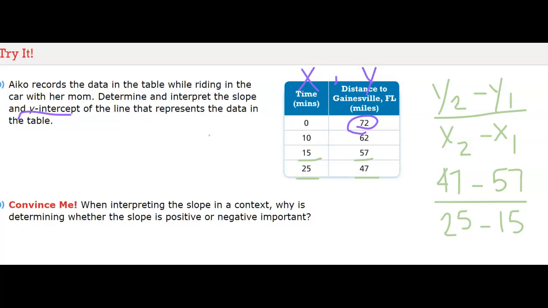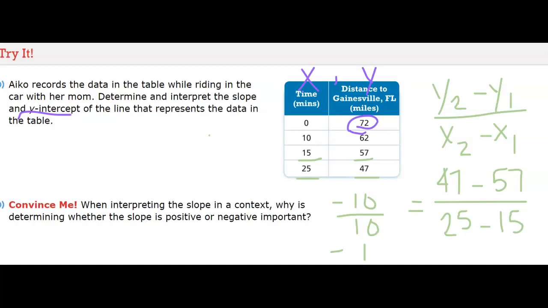So now you do the math. Then we have negative 10 over positive 10. If we simplify that, negative 10 divided by 10 is negative 1.